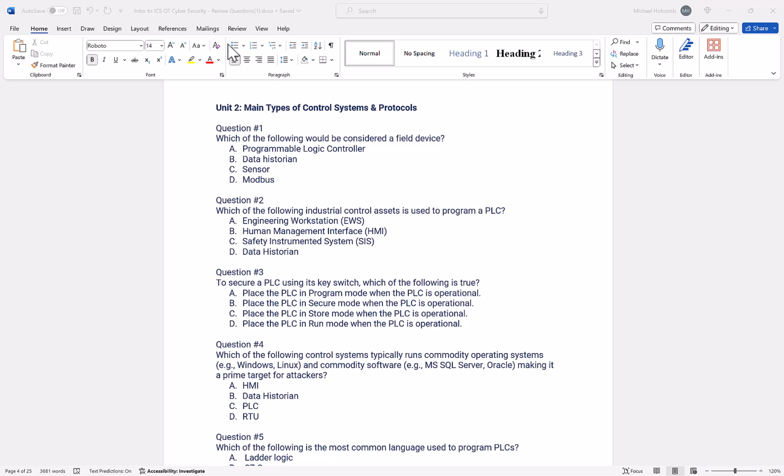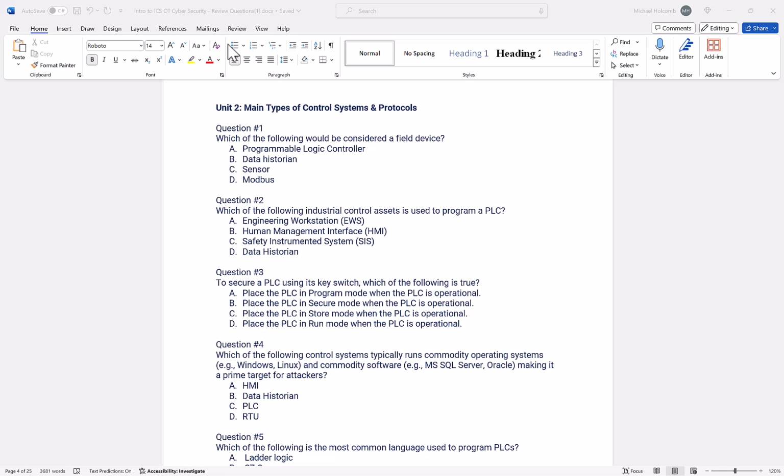Question 3: to secure a PLC using its key switch, which of the following is true? This is actually where my master's thesis went down a slight rabbit hole. The community in general believes, and rightfully so for many models, that if you place the PLC in run mode, it essentially places the PLC in what we might think of as read-only mode.